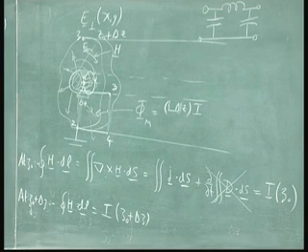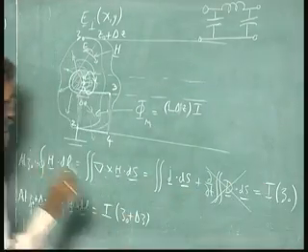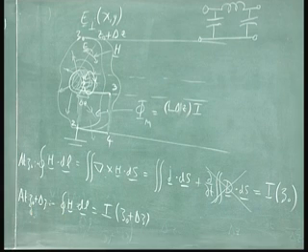Now what I am going to do is construct del I del z, because I already have these two results.